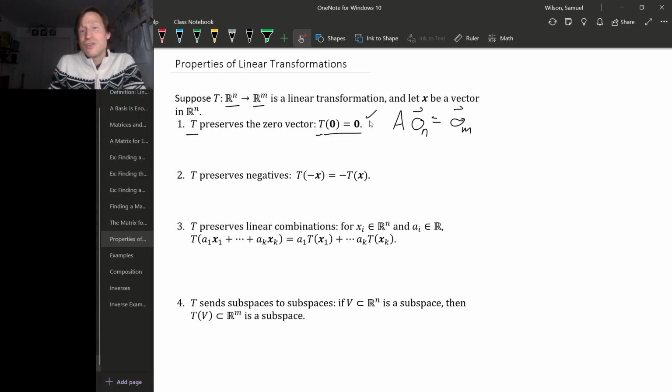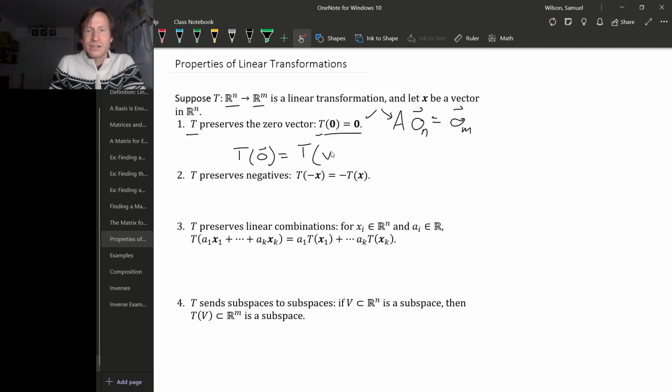But even if you don't resort to using this fact about matrices, we can still prove that any linear transformation sends the zero vector in Rn to the zero vector in Rm. And here's a nice way to do that. Take the zero vector. Pick your favorite vector.